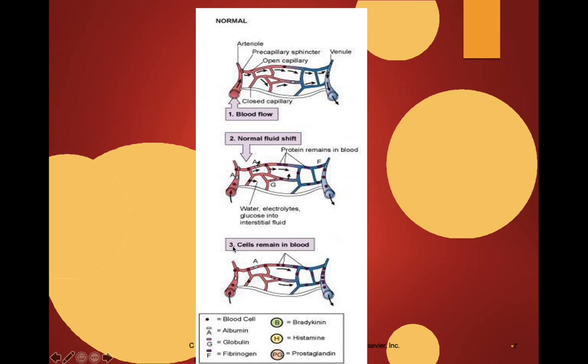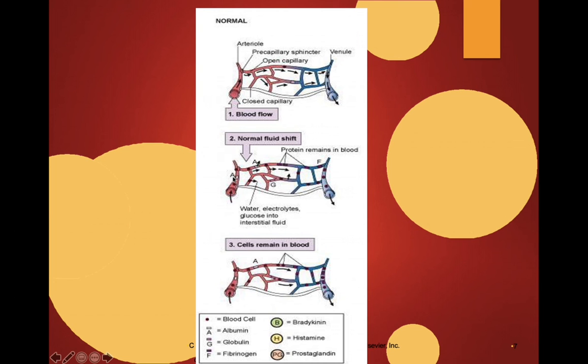You can see we have a key on the bottom. We have blood cells, A for albumin, G for globulin, F for fibrin. These are all proteins. B is bradykinin, H is histamine, and PG stands for prostaglandins. So the B, the H, and the PG are these chemical messengers, if you would.